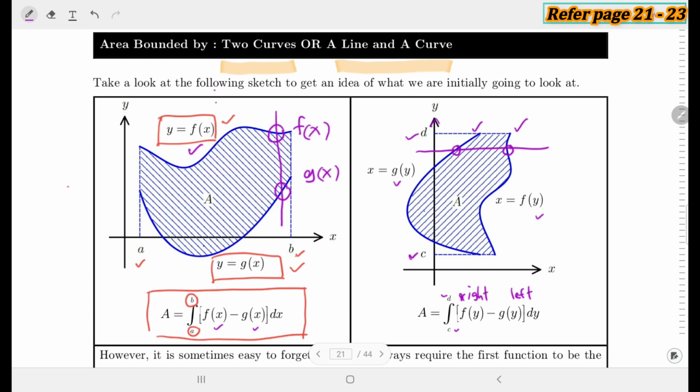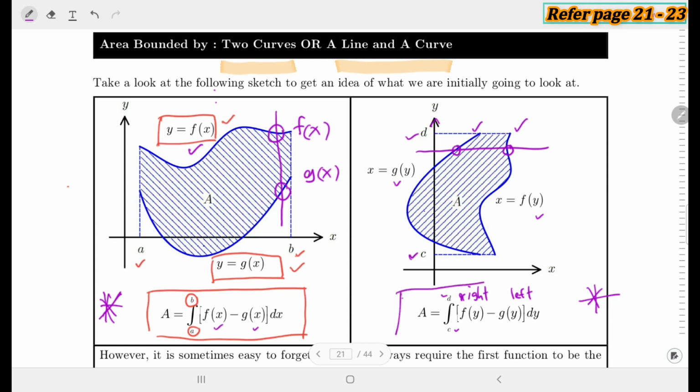So I think all of you have the idea on how to solve the area within two curves. Again, on the left side we take the upper minus the lower function because we are referring to the x-axis, while on this side we are referring to the y-axis, so we take the most right minus the left function.